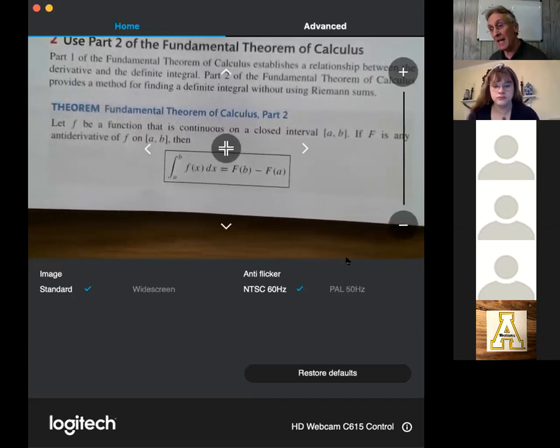Cap F of b has a plus c, and cap F of a has the same plus c, and you're subtracting, so the c's cancel. So if you're doing a definite integral, you don't have to do the plus c. It's just the base core of the antiderivative, and the c goes away. I'll do a couple of examples of that right now, okay?